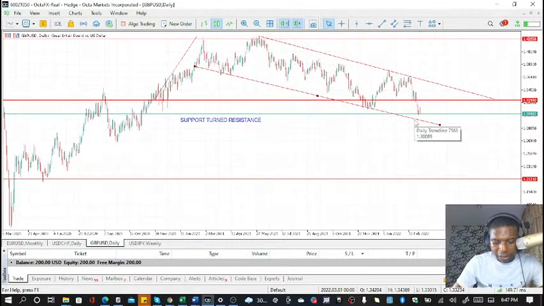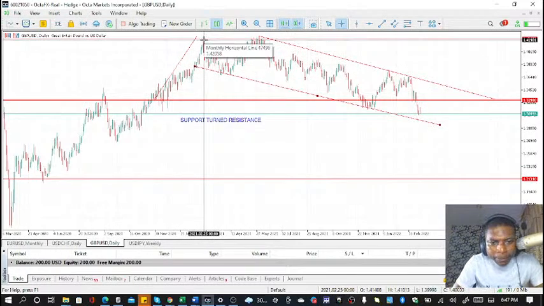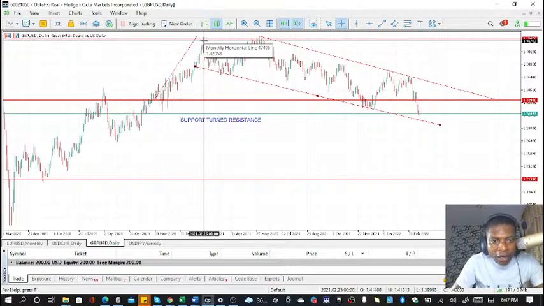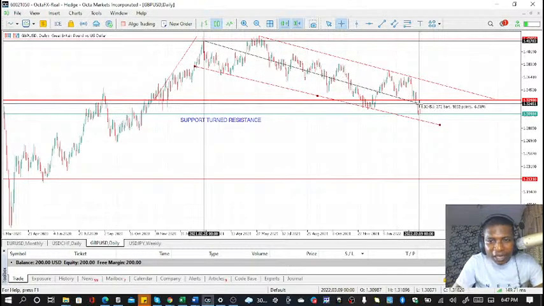Now on the daily time frame, from the monthly to the weekly and now the daily, you can see this is February 2022 down to today, which is the 10th of March 2022.